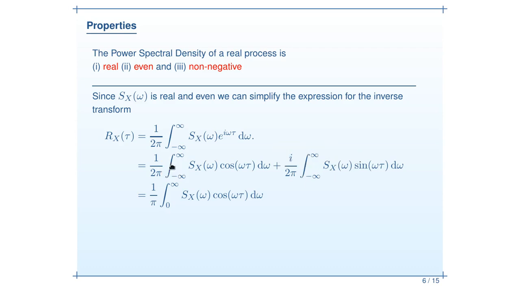We are only left with the real part, which is 2 times this integral from 0 to infinity. So 2 times 1 by 2 pi becomes 1 by pi, the integral from 0 to infinity of Sx omega cos omega tau d omega. So Rx tau can be expressed this way also, without the imaginary part.